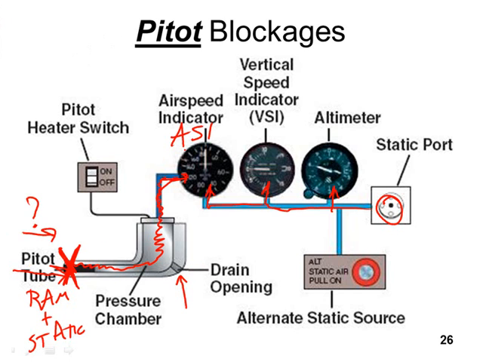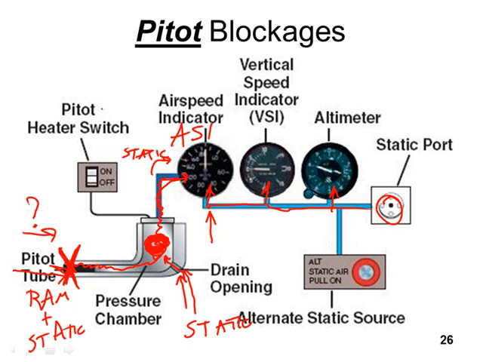Okay, so now the airspeed indicator, it's getting static on one side, but is there static pressure in there? There's a drain hole in the back. There's static pressure out here. Is there static pressure in here? Yeah, there's static pressure in here.